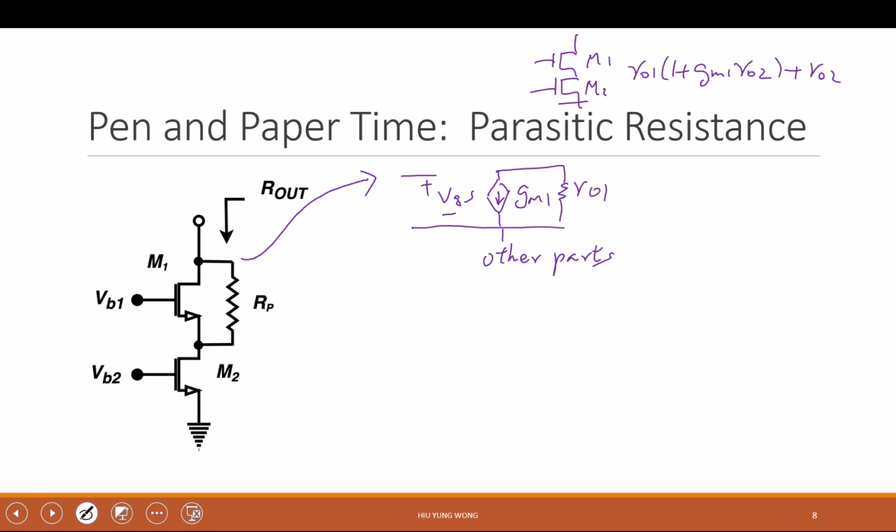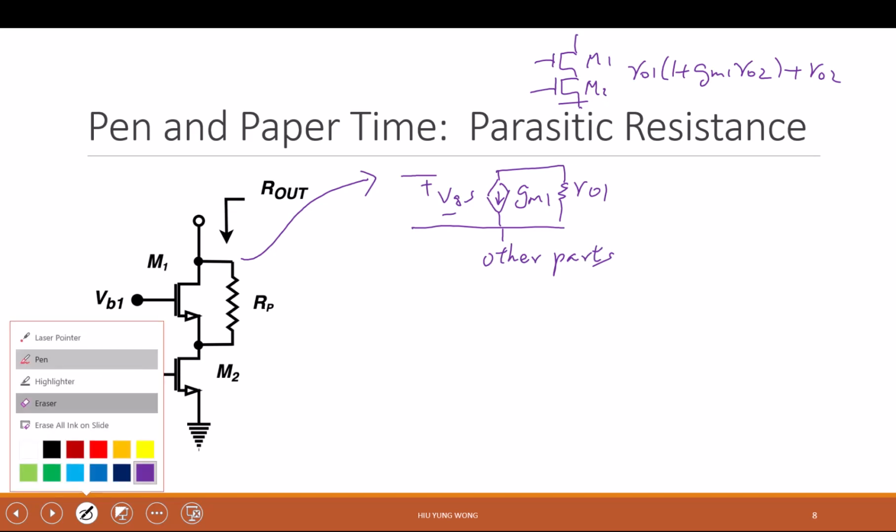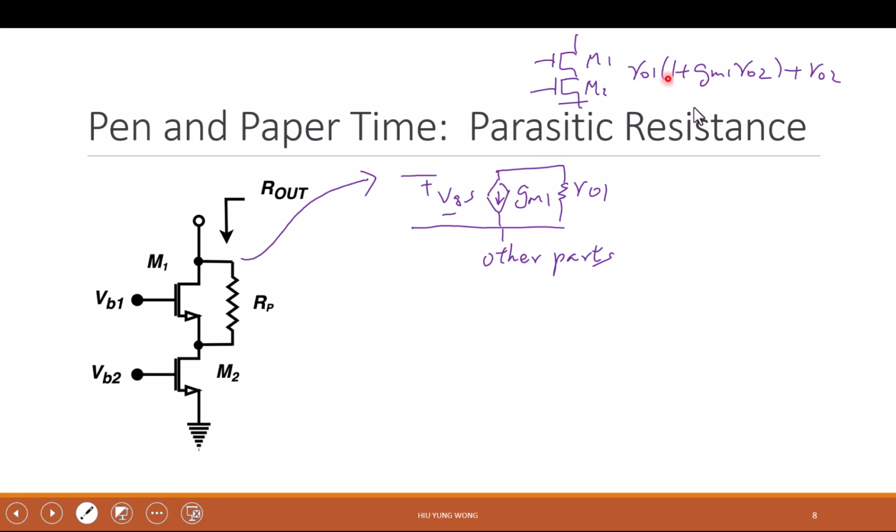And when you don't have RP, you will get this equation. But now if you have RP, naturally you are going to just draw the RP and you realize that this RP is just in parallel with RO1.